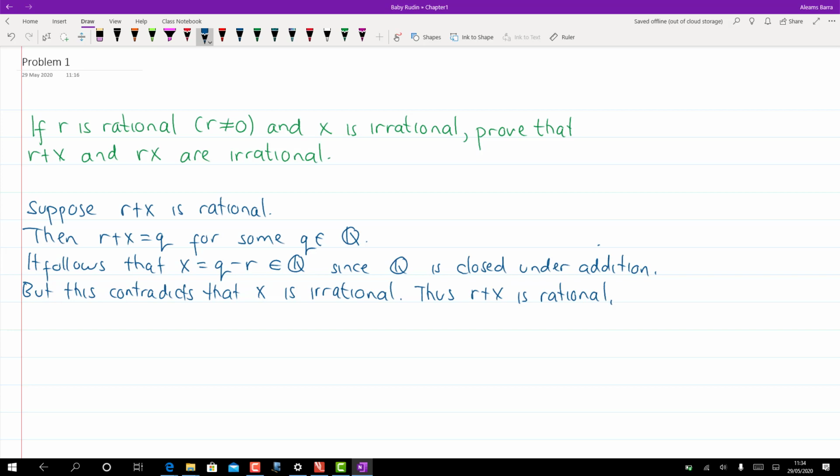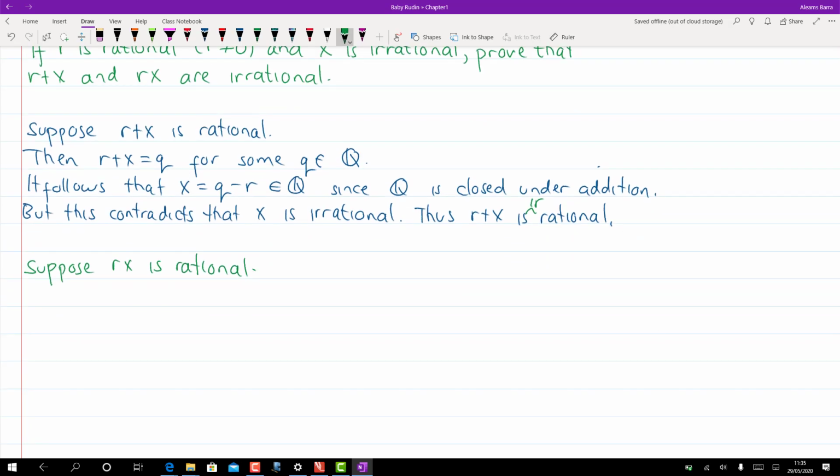Okay, let's discuss the second part as well. For the second part, similarly, suppose rx is rational.